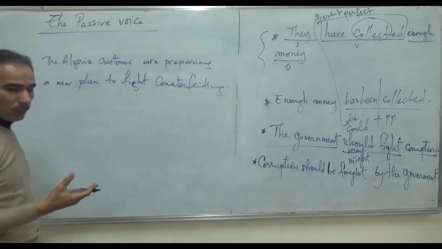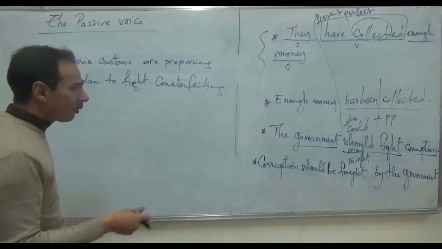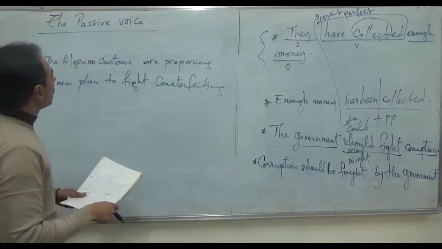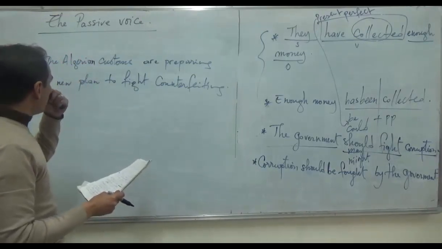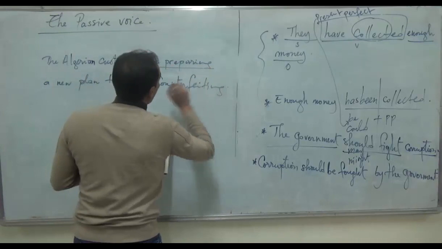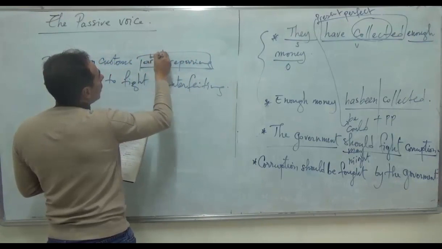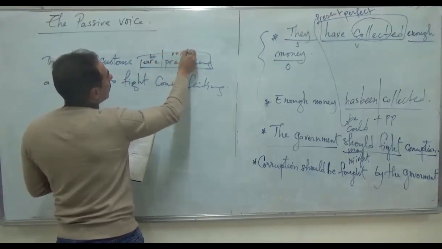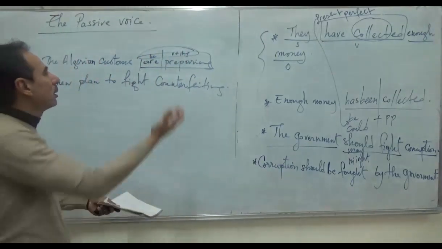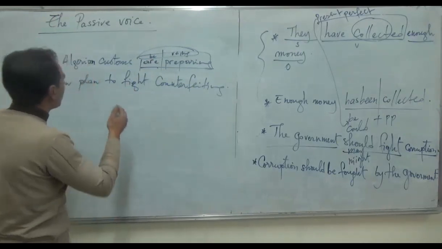We know already what counterfeiting is. We have already seen that, counterfeiting for scientific streams and even for literary streams. So the Algerian customs are preparing. Here is my verb. It is be plus verb plus ing. So what is this? This is the continuous. Which continuous? Present continuous or past continuous? The verb to be is in the present, so it is the present continuous.